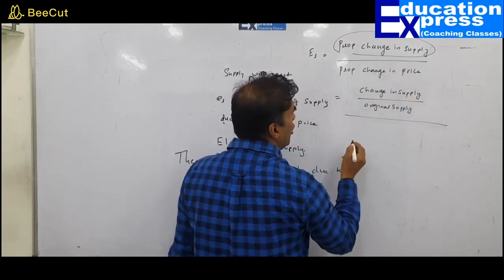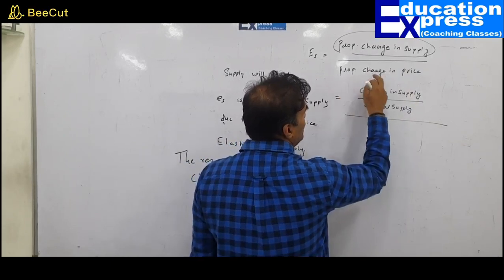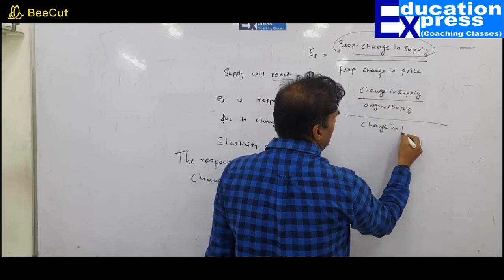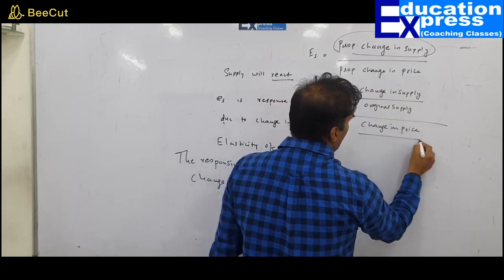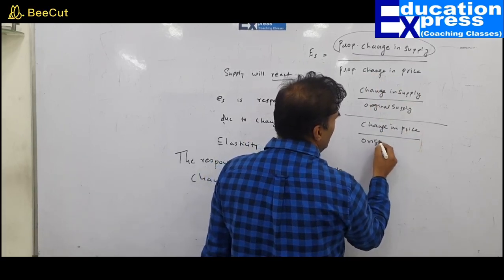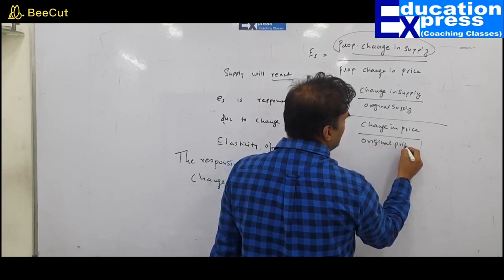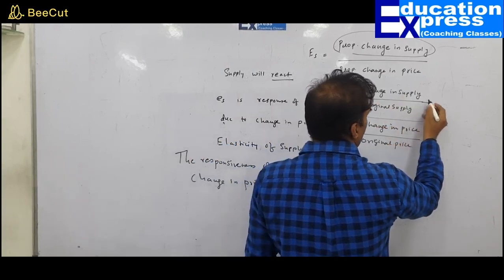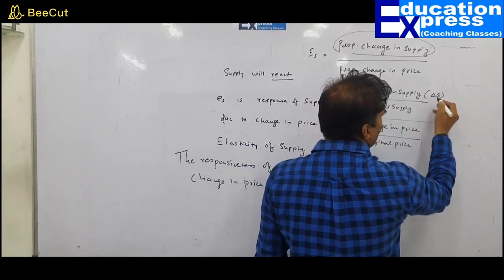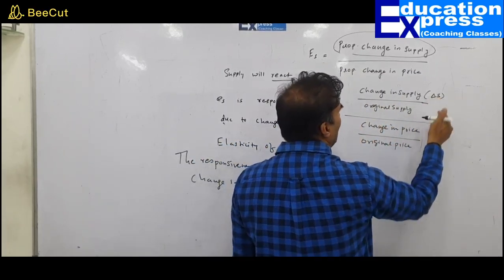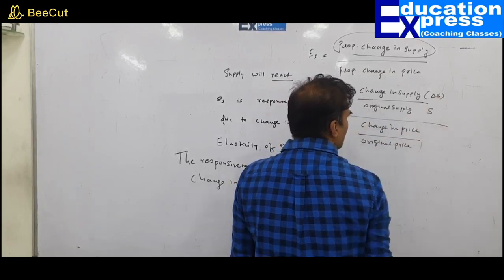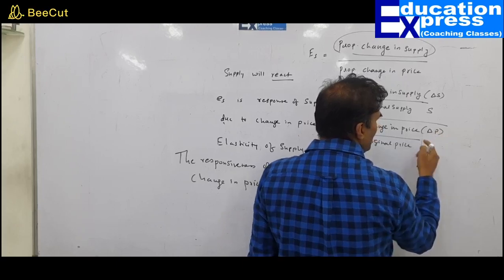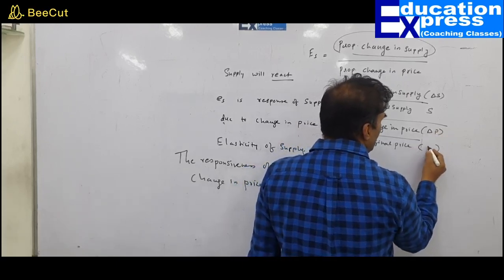Following the same analogy, I can say that proportionate change in price would be change in price upon original price. In short, the notation that I use for change in supply would be delta S. Triangle means delta S. Upon original supply, change in price, I'm using the notation delta P, which means change in price, and original price is P.